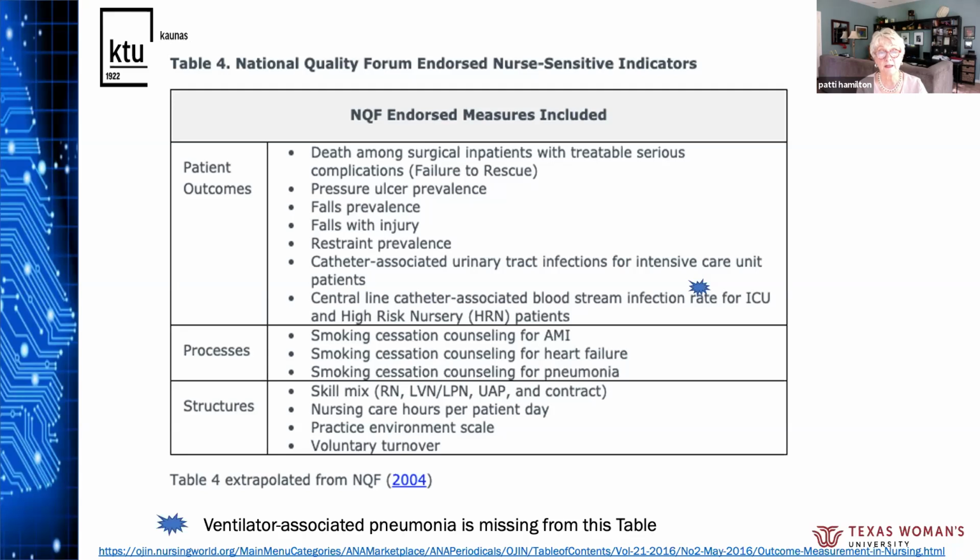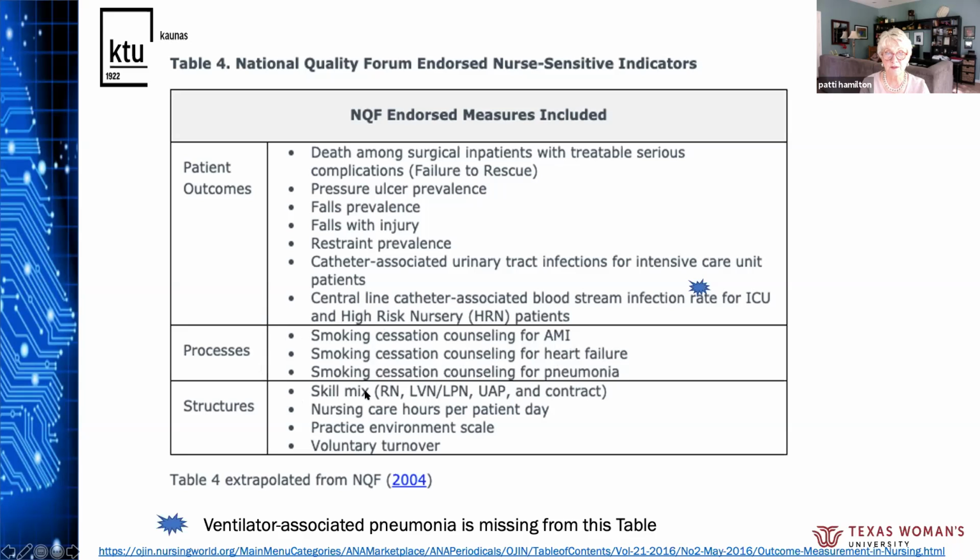So we're improving in the sense that now we're getting more patient outcomes that we're considering nurse sensitive, more process outcomes that are not just satisfaction kinds of things, but they're actually, are we doing these things? And they had to do with smoking cessation counseling for patients with pneumonia or heart disease.